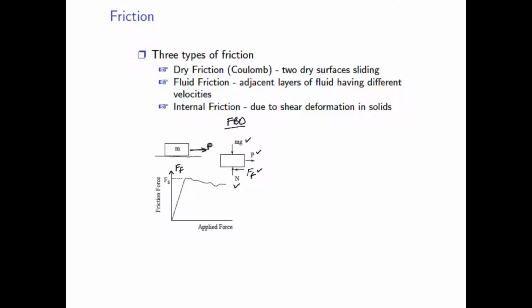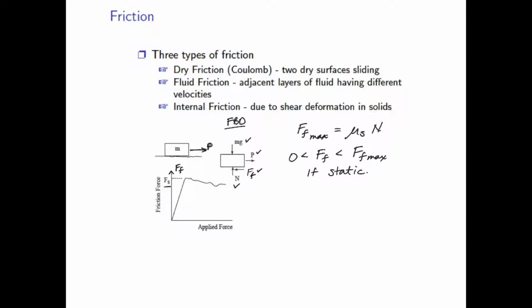And so the force of friction maximum is the static force of friction, which is mu static times n. I know that the force of friction is going to be between 0 and force of friction max if we're in a static condition.